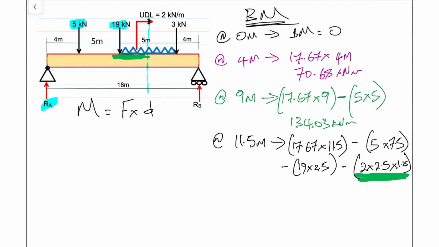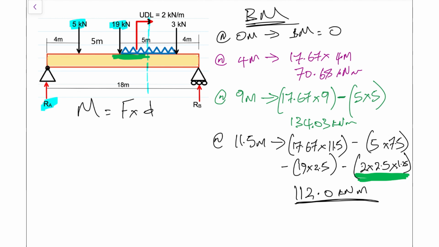So when we sum all of this bit up now for the UDL, the total gives is 112.0, and that's kilonewton meters. So then, because what we have done so far is the UDL just half point, what we need to do now is to do the full UDL.